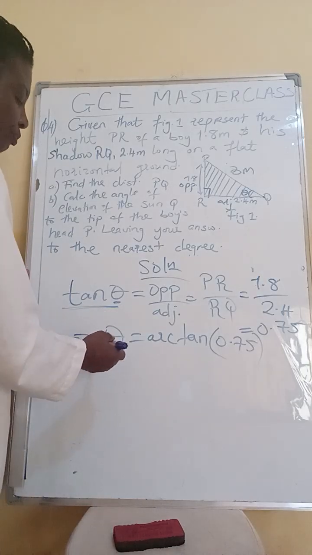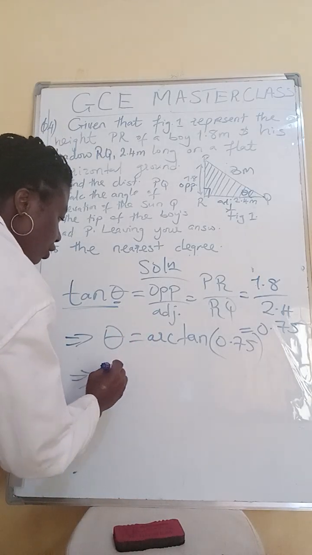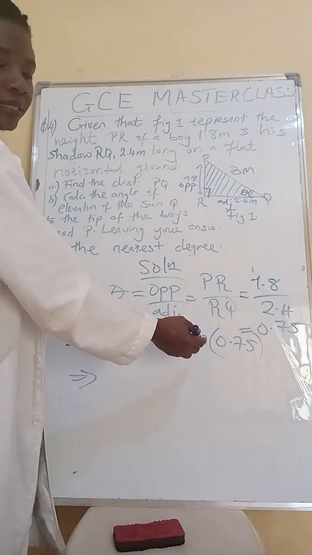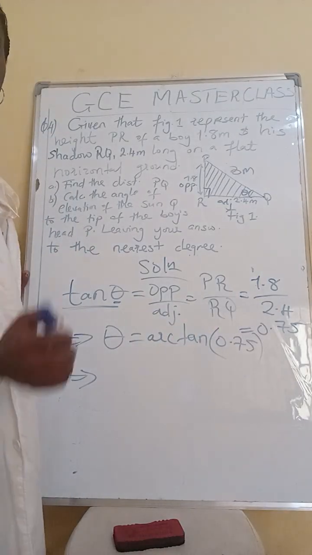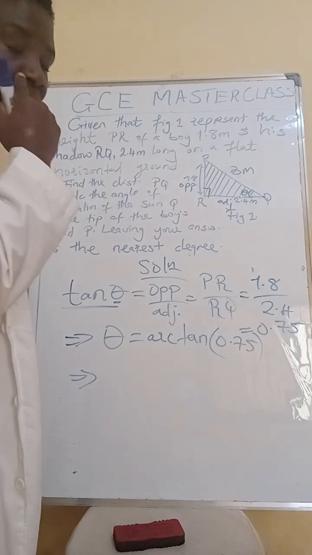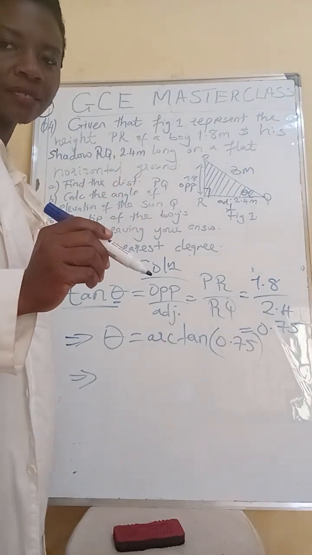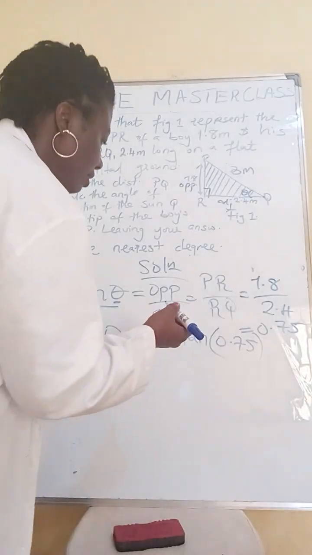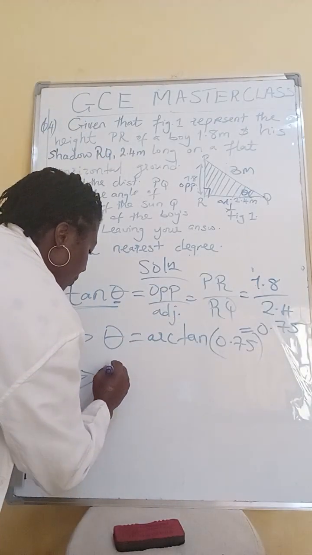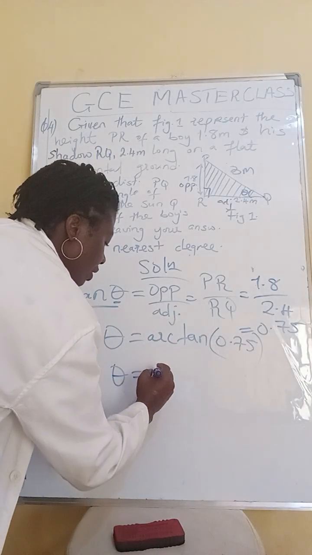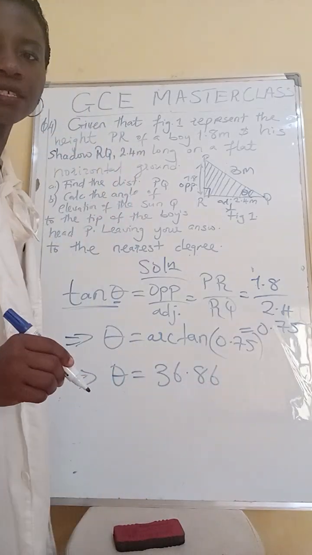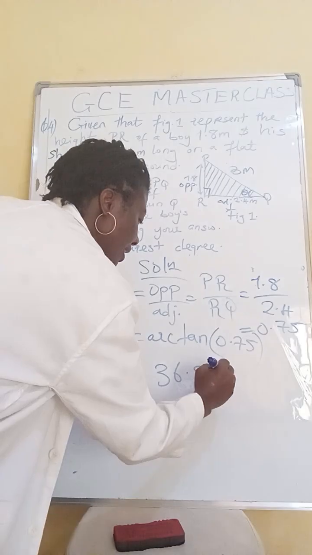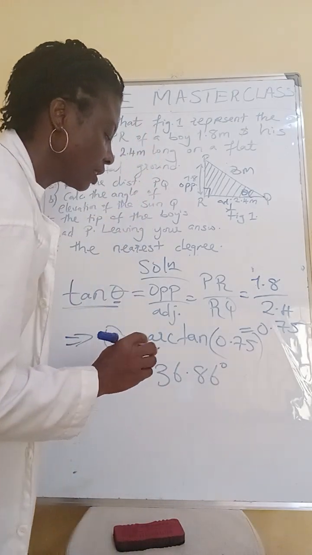So arctan of 0.75 is going to give us 36.86 degrees, something like that.